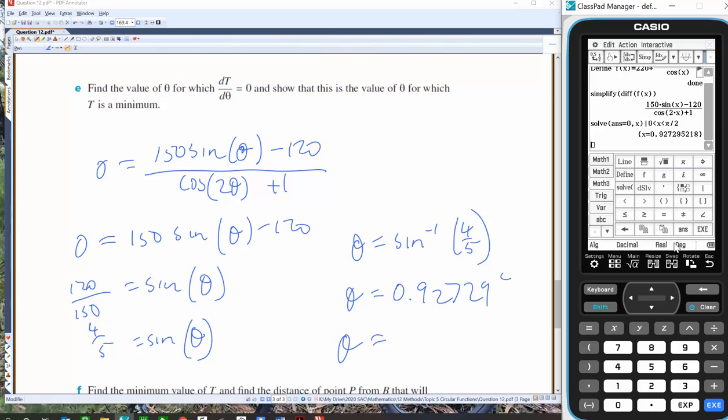So I'm just going to ask the question in degrees mode, because if I tell an athlete to run 0.927 radians, they're going to look at me like, what are you talking about, mate? So I've gone over to degrees and changed the domain, and this is more appropriate. It's a 53.130... angle that the athlete is going to go on.